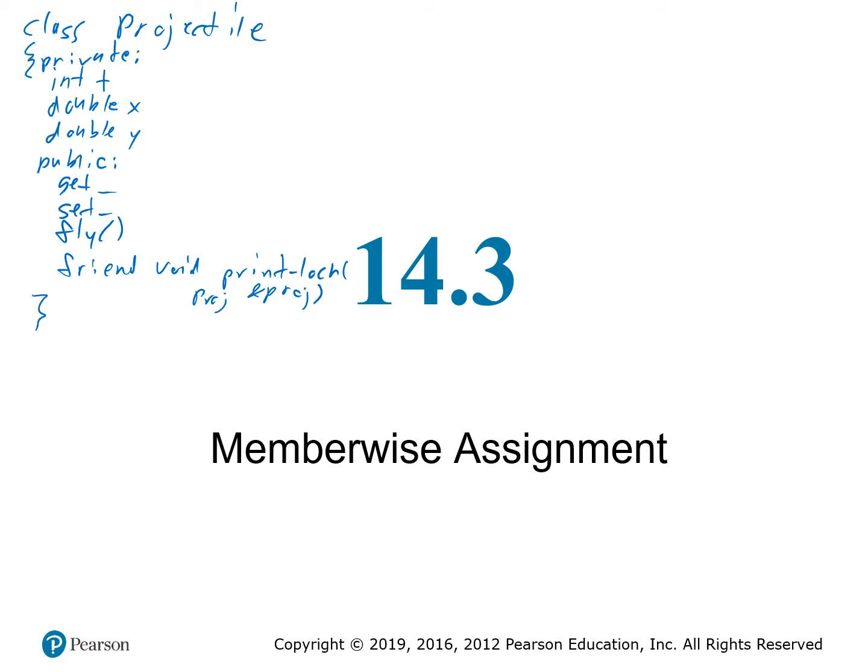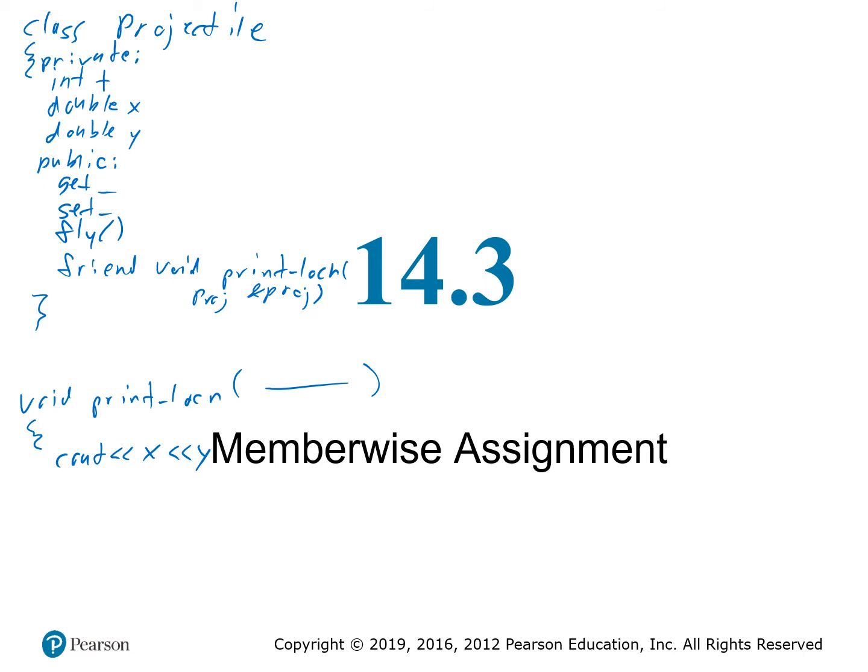And then later in our program we can write void print location blah, and within that we can just say cout x, y. Okay, and we don't have to refer to them. We don't have to use the getter and setter functions.